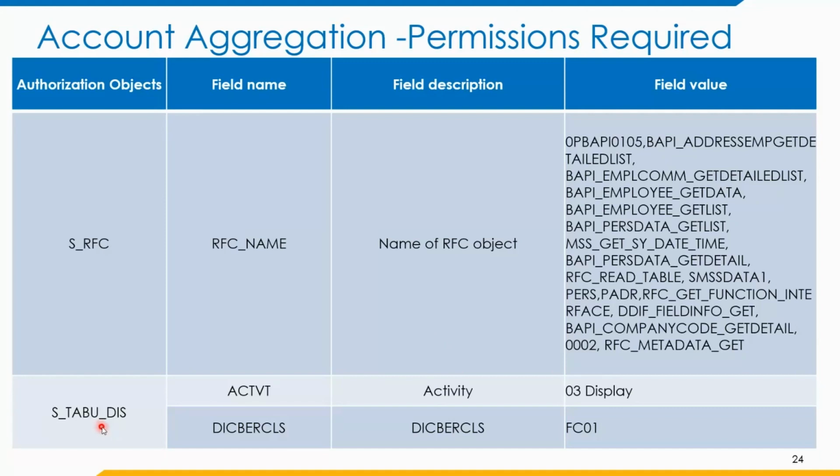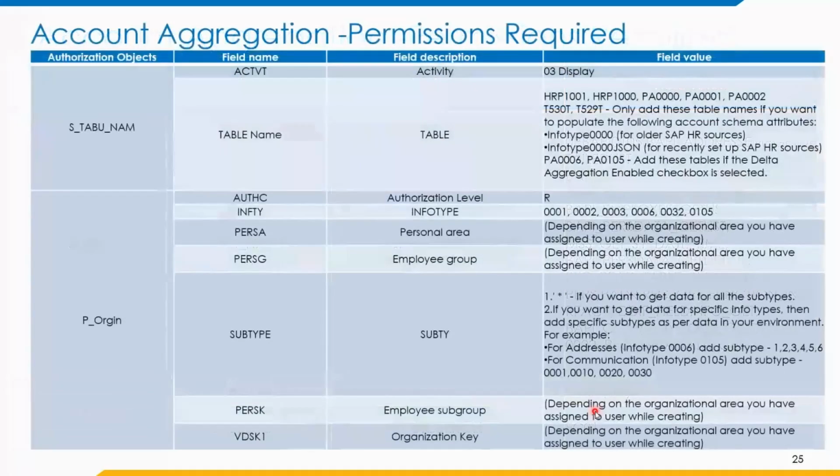Coming to S_TABU_DIS, as we discussed, this is the authorization object that will protect the tables from unauthorized fetching or reading of the data. So the activity is set to only display. Similarly, in order to get all the information that is required, there is S_TABU_NAM.